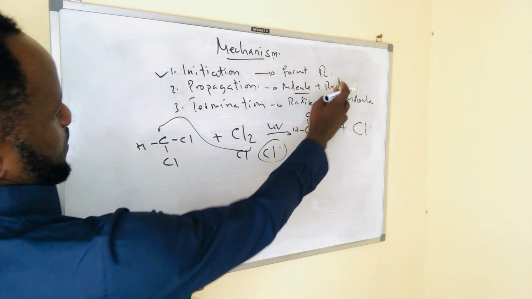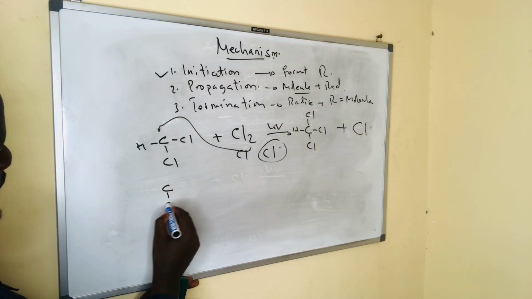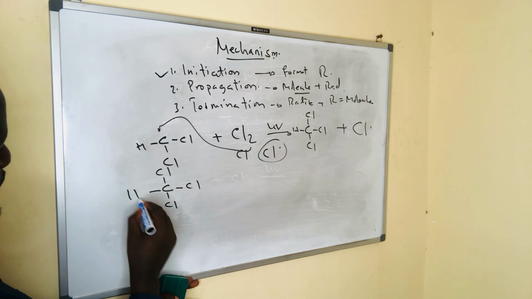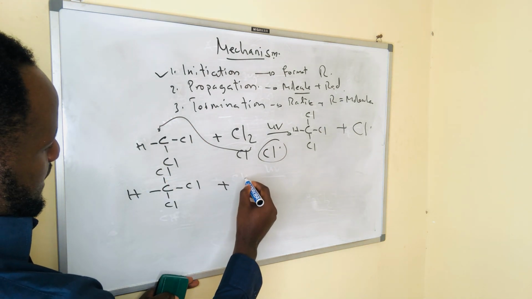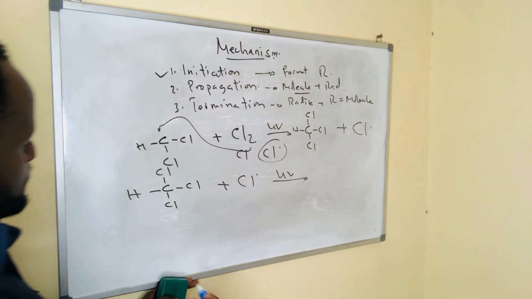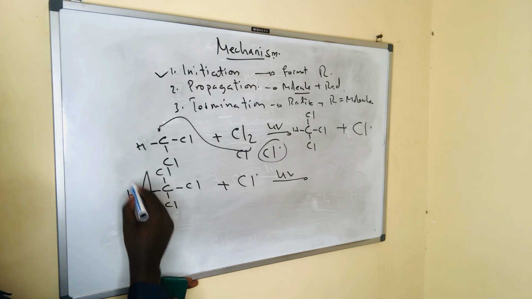And then you proceed with propagation. Propagation means molecule plus radical. So you take this one as a molecule plus radical. Here you put UV, right? That helps to break this bond homolytically.